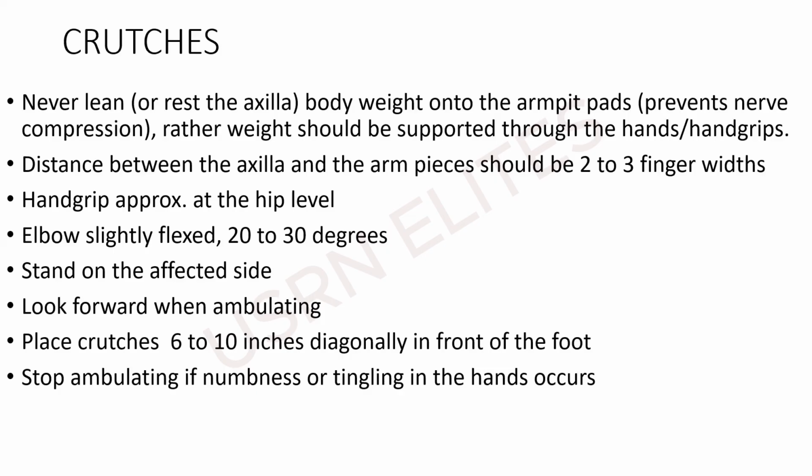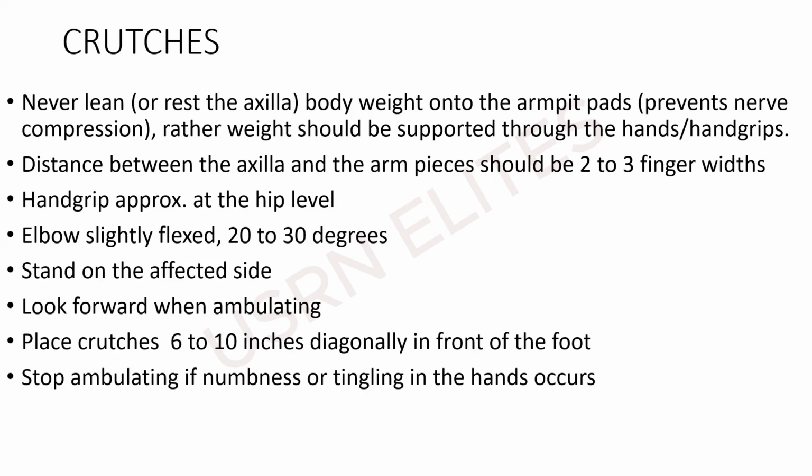At least 2 or 3 fingers. Those who do the VE, I hope they can understand me. If you're doing VE, you put your 3 fingers together or 2 fingers together. So between the arm piece and the armpit should be at least 2 to 3 fingers width.